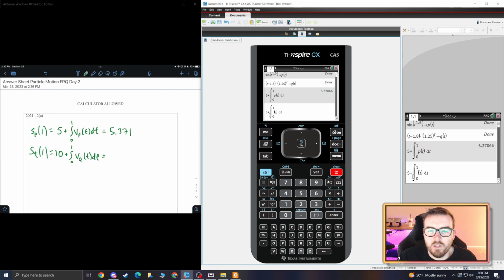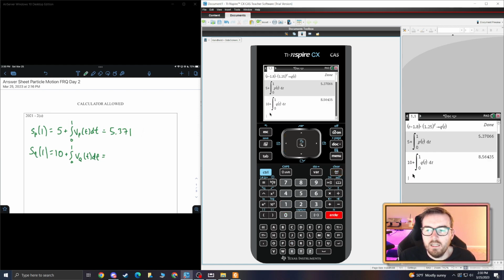Change this P to a Q now because we're talking about particle Q. And then change this 5 to a 10 because the initial condition was 10. And boom, just like that, I've got 8.564.